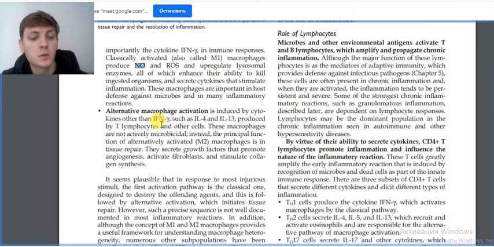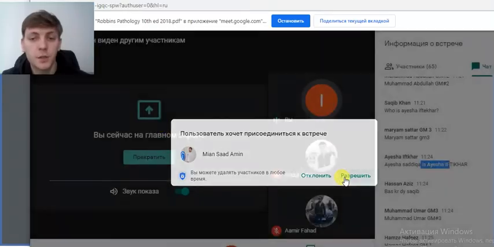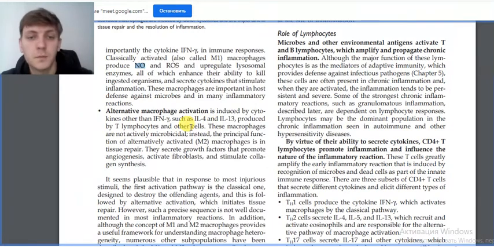We also have an alternative pathway of activation. It is induced by cytokines other than interferon gamma, namely interleukin 4 and interleukin 13, which are produced by T lymphocytes and other cells. The main idea is that alternative macrophage activation goes after the acute phase of inflammation, when the offending agent is already eliminated.